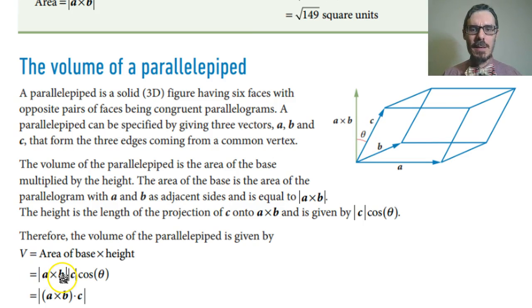A cross B times C cos theta is A cross B dot C. It's the scalar product of the vector product of A and B and C. Now, why are we still left with modulo signs here? Well, it's because the scalar product might end up being negative, but that's okay. We just want the volume.